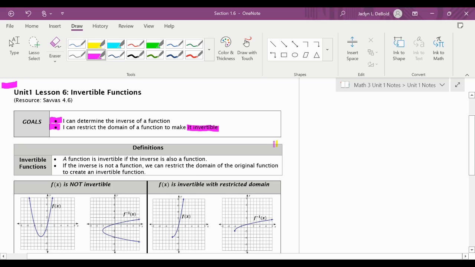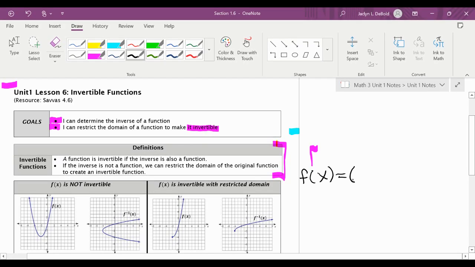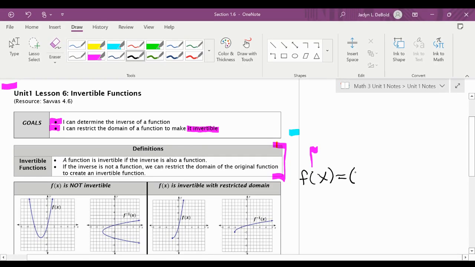So if you remember from the previous video, we talked about when we were taking the square root of a function, and I think we had the function f of x equals the quantity x plus 1 squared.